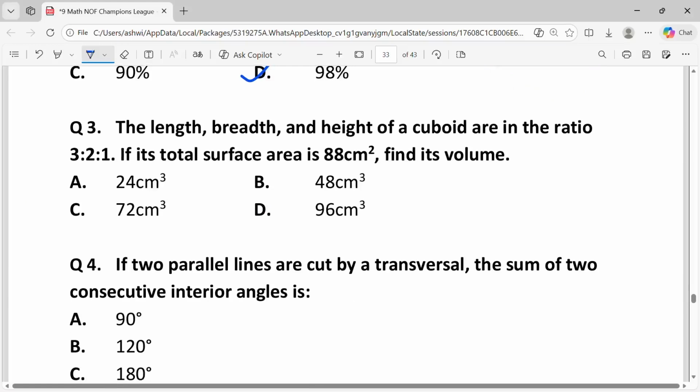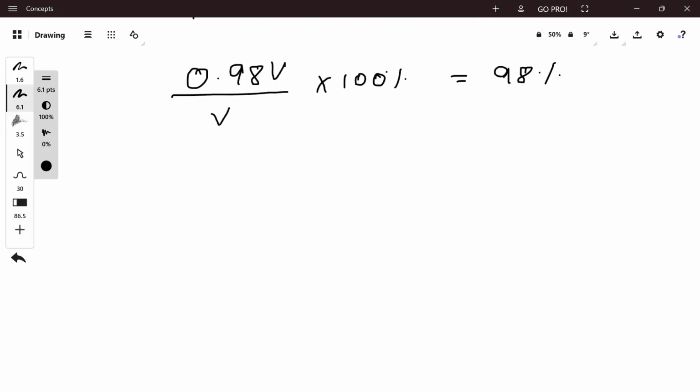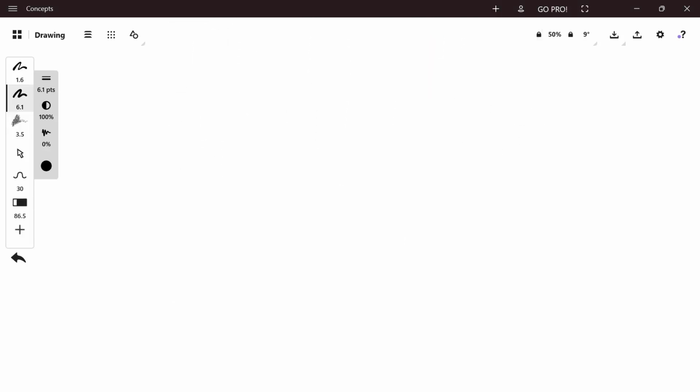Question 3. The length, breadth and height of a cuboid are in the ratio 3:2:1. If its total surface area is 88 cm square, find its volume. The length, breadth and height are 3x, 2x and x respectively. The total surface area is given as 88 centimeter square.